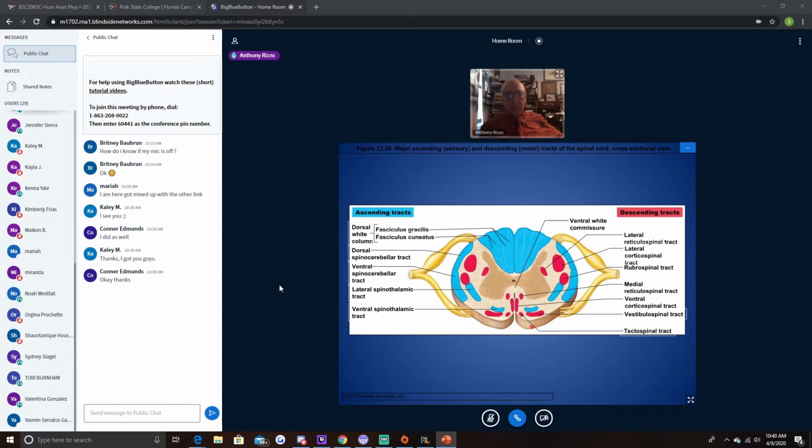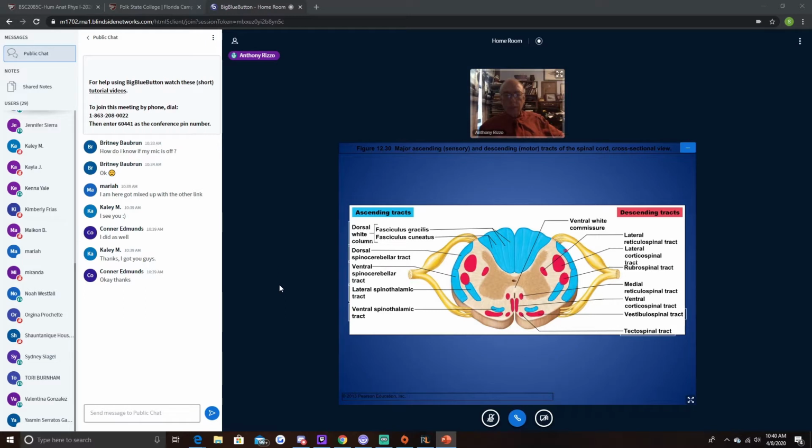If a person has an anterior cord injury, it's mostly motor descending tracts that would be damaged, and that person would be paralyzed. They would be unable to move. You can see that lateral cord injuries are a mixed injury.